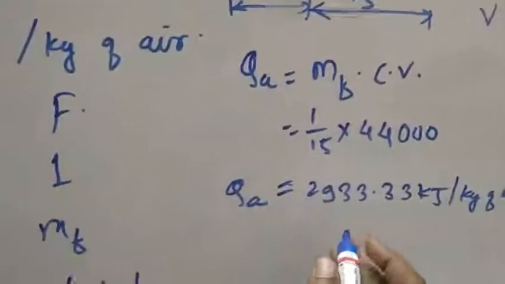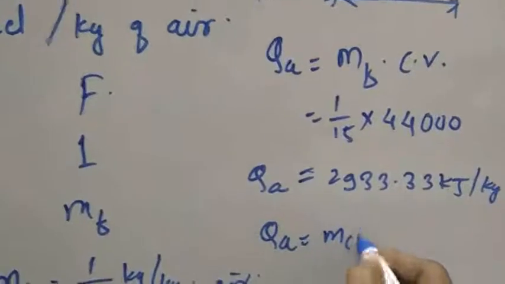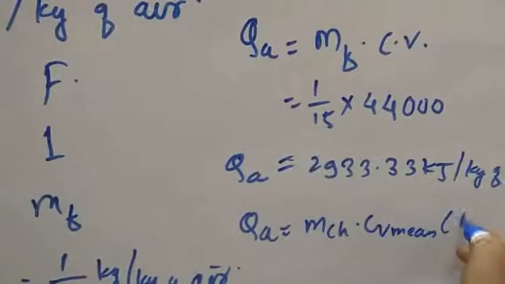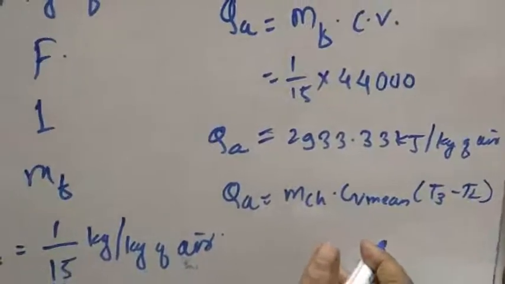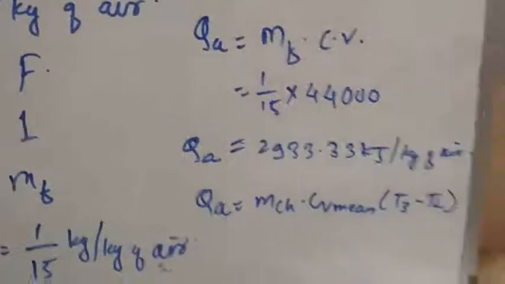Now this QA we can equate to MCH, CV mean into T3 minus T2, and from that I can get the temperature at point number 3.